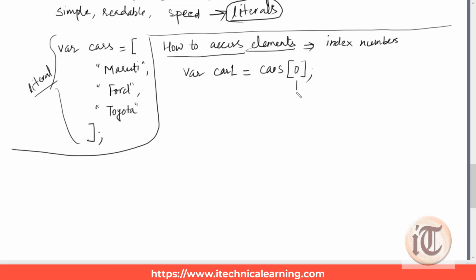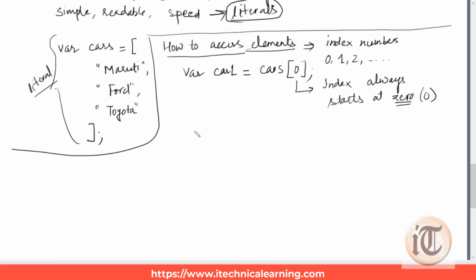Okay, so the point to be noted here is, in arrays the index always starts at 0. So 0 is the first value, second is 1, then 2, and so on.